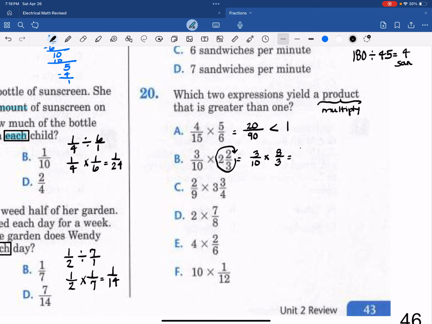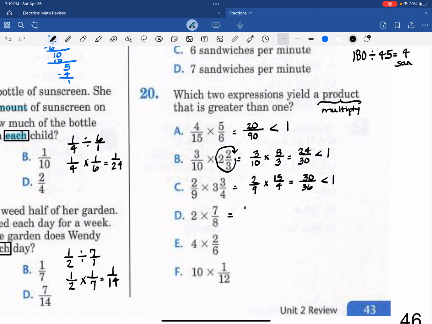And that would be 24/30, that is still less than 1. 2/9 times 12 plus 3 is 15/4, and that's going to be 30 over 36, still less than 1.